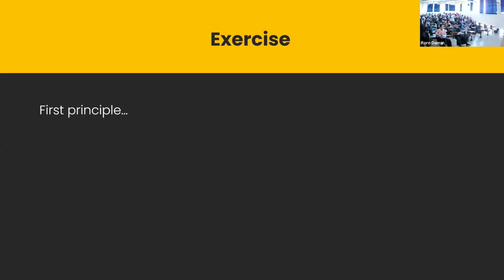What is first principle? I have told you before. First principle method is how to find a new solution based on the first function. For instance, this one, a tumbler. What is the first function? What is the main function? Store water.